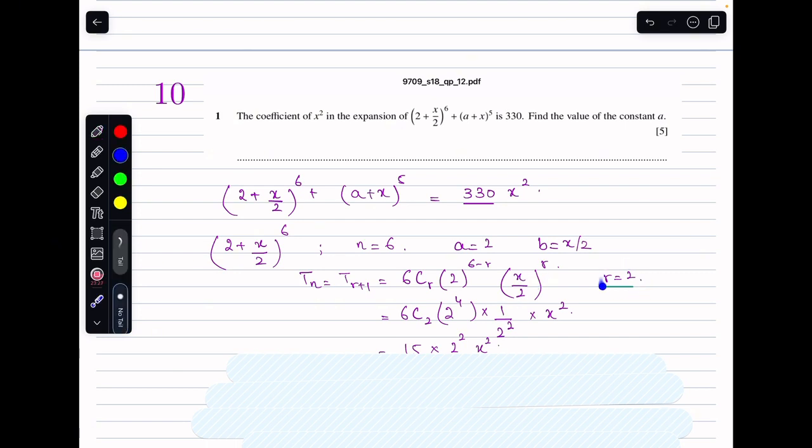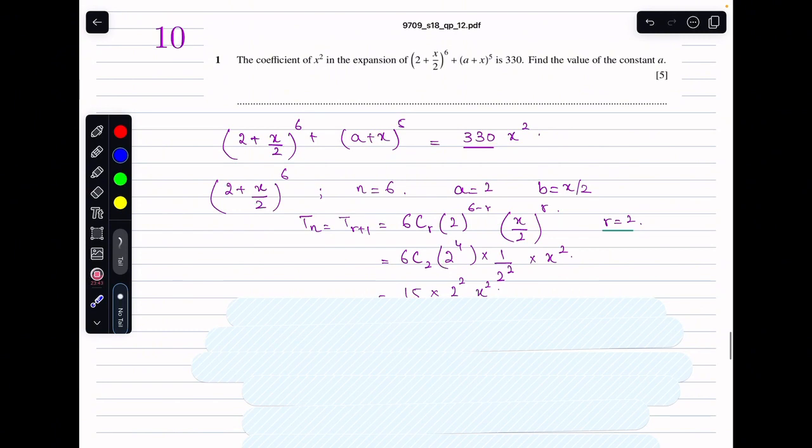I know I should be having x squared, therefore it's very much clear that the value of r needs to be 2 here. So it's 6C2 into 2 to the power 6 minus 2, which gives me 4, (1 over 2 squared) and x squared.